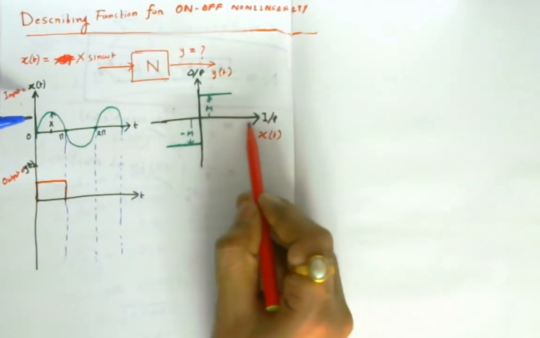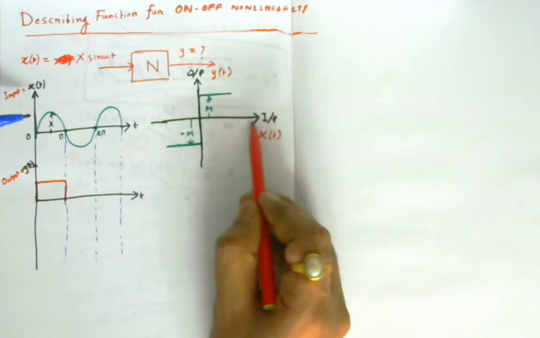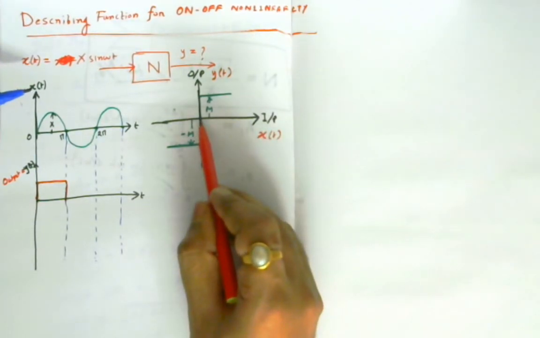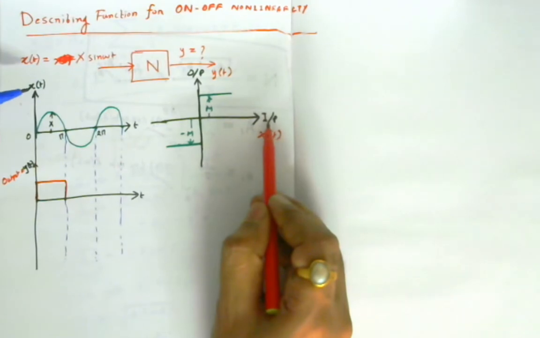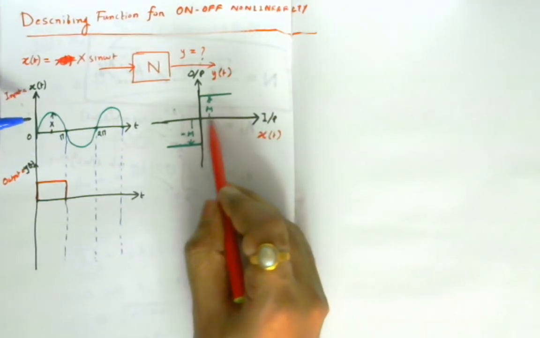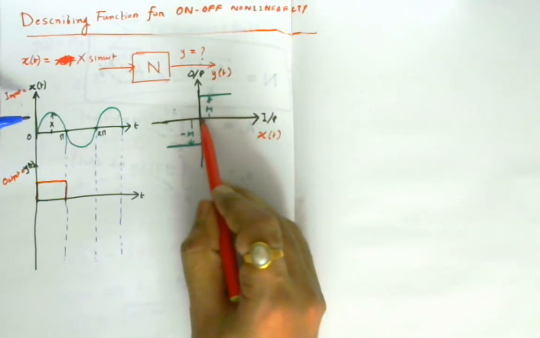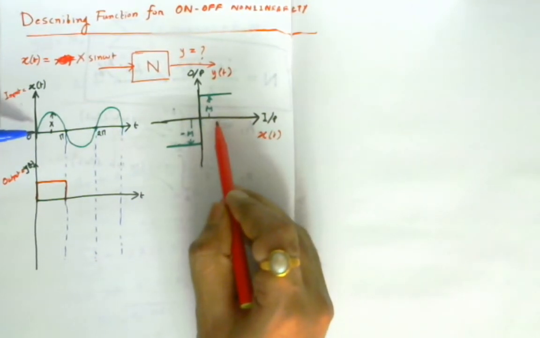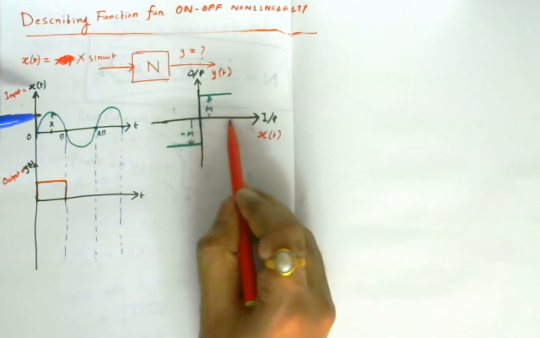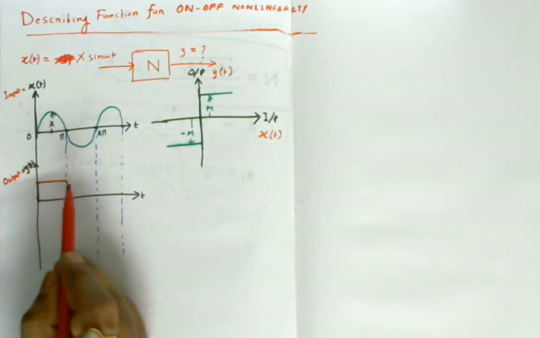Along the characteristics curve, this input axis is actually representing the input of the waveform axis. Input is greater than 0 for the positive half cycle of the sinusoidal. As long as the input is greater than 0, the output is on. That's why the output is on.